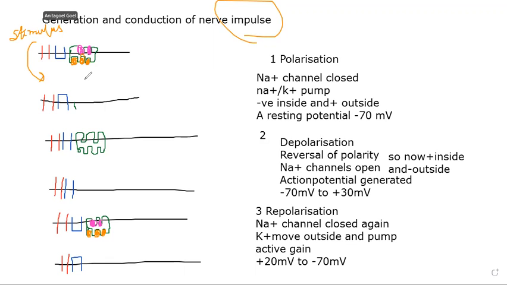Before generation of nerve impulse, we have to learn about the status of the axoplasm before any nerve impulse. So this is the part of the nerve fiber when there is no nerve impulse, or we call it a resting stage.